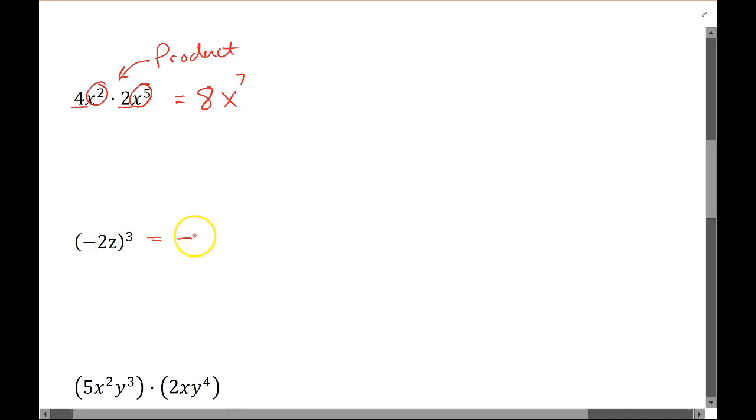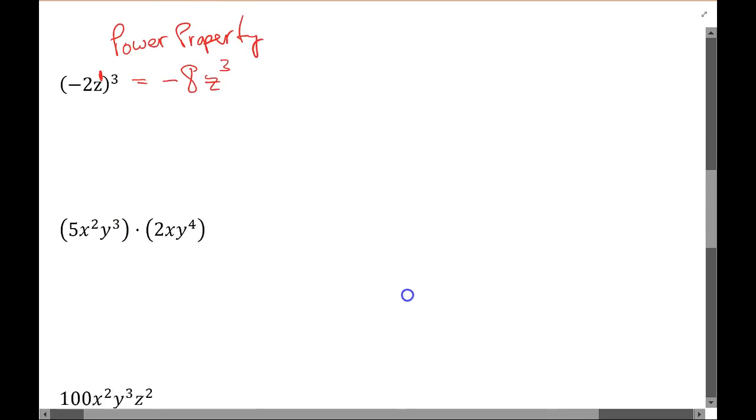Negative 2 to the 3rd power is a negative 8. And then z would have an exponent of 1. And so 1 times 3 is 3, so we just get z to the 3rd power. And again, if you need to pause this at any time, you may, and that was the power property.